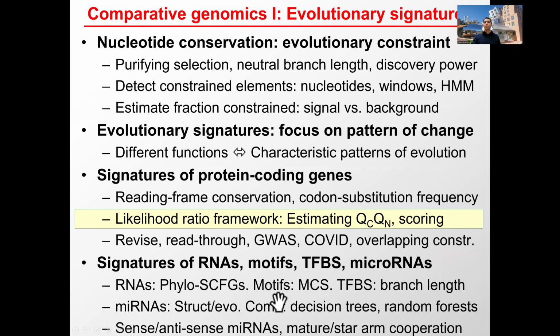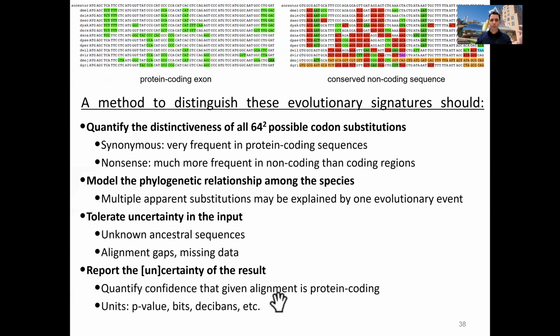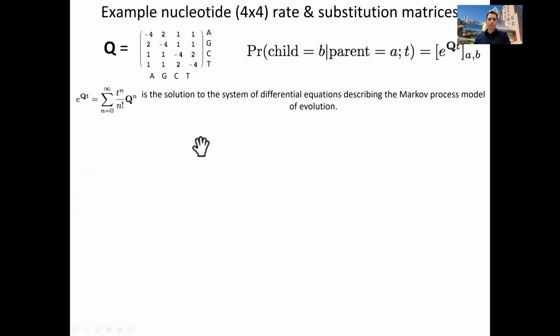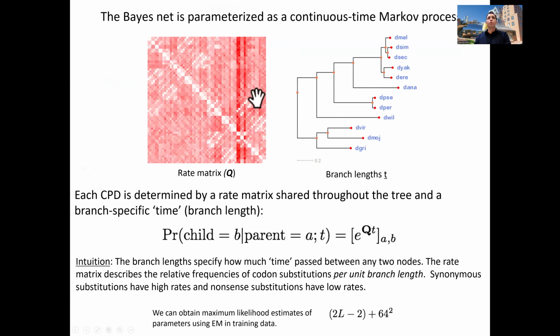Everybody with me here? So you can basically build an evolutionary framework for studying this. You could say, can we build a substitution matrix that tells us, here's how I expect protein coding regions to change, and here's how I expect non-coding regions to change. So we're going to build a rate matrix that basically tells us with what frequency our different codons exchange with each other.